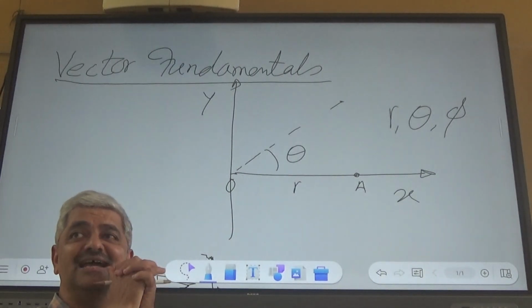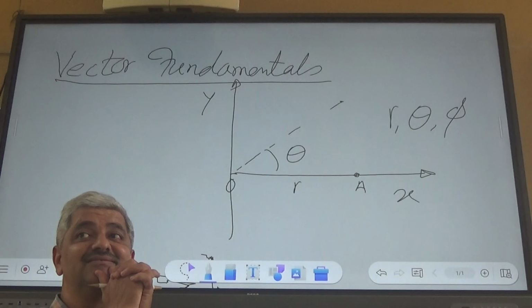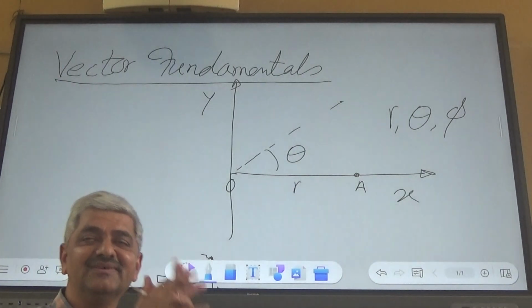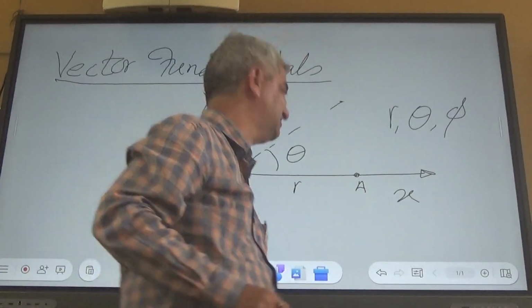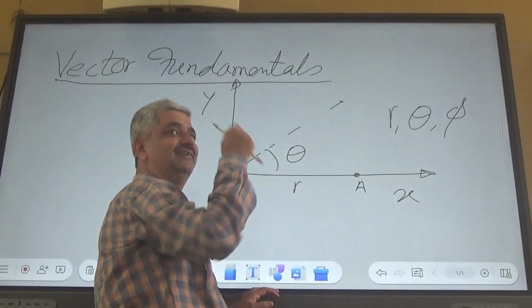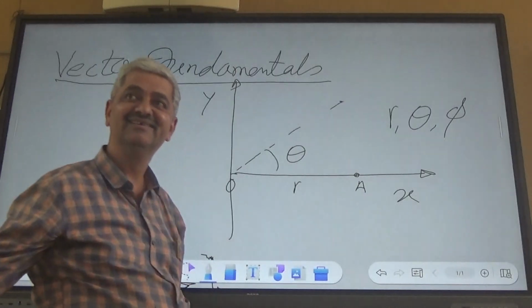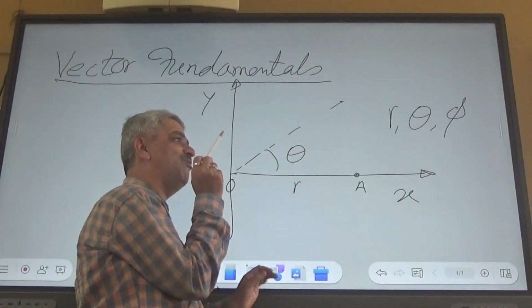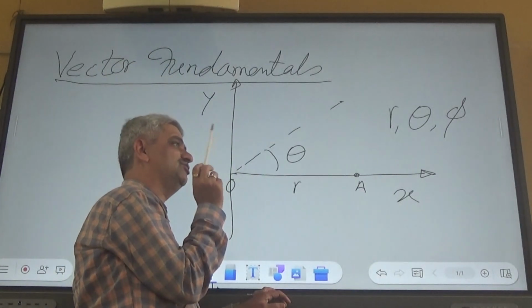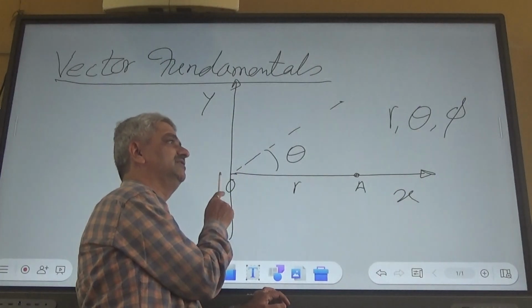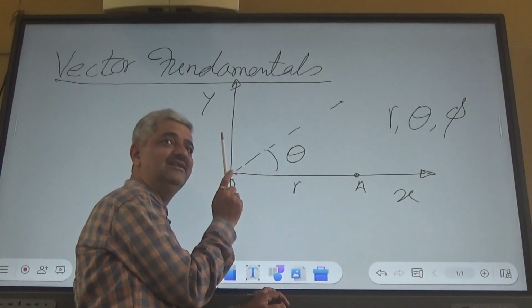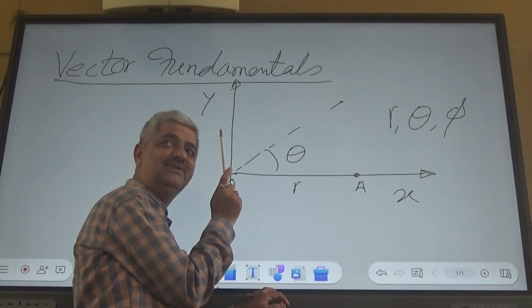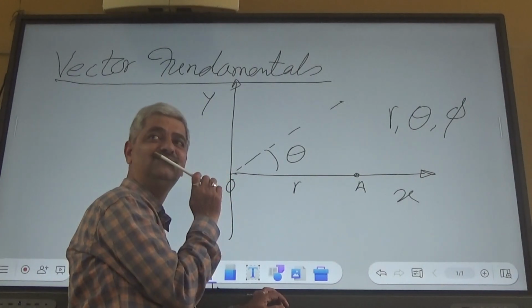If the point is on the z axis, what will happen? The projection of a vector joining the origin and (0, 0, z) in the xy plane will be on the origin itself.